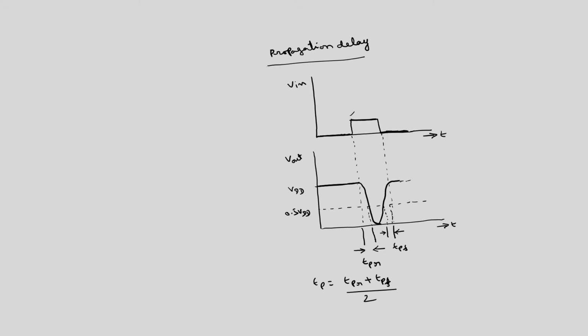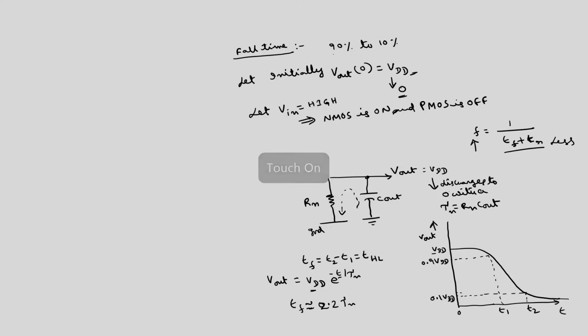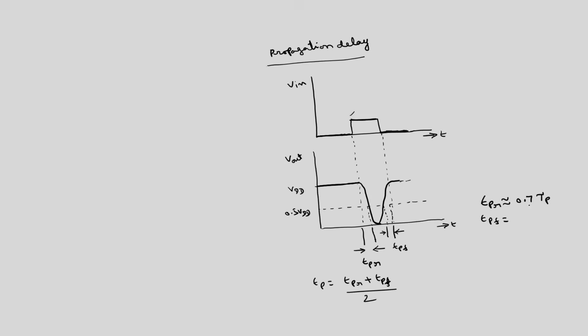Now, if we derive the expressions for Tpr and Tpf in a similar way to the rise time and fall time, we get Tpr approximately equal to 0.7 times tau p, and Tpf equal to 0.7 times tau n.